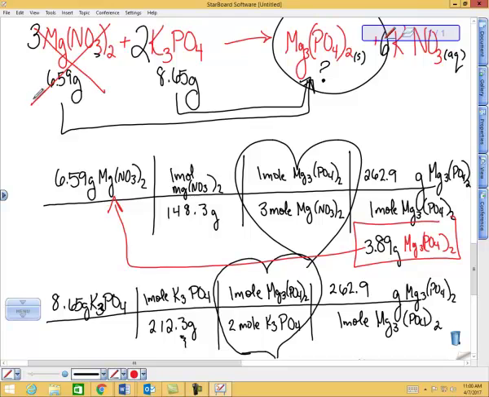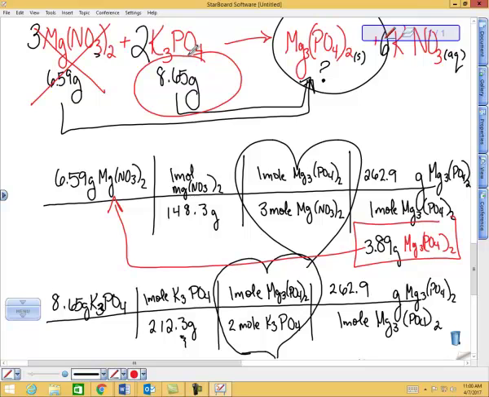It's gone. None left. We had to use some of this potassium phosphate to make our 3.89 grams of magnesium phosphate, right? But did we use all of it? No. So we only used some of it. Now here comes the fun part. We need to figure out exactly how much potassium phosphate we needed in order to make that 3.89 grams of magnesium phosphate.